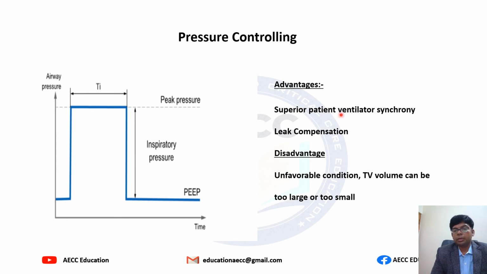It has superior patient ventilator synchrony compared to the volume control mode, as in case of the pressure control mode, the pressure will be achieved by increasing and decreasing the inspiratory flow. So if there is any leak, then the pressure will be achieved by increasing the inspiratory flow. So there are chances of leak compensation in case of the pressure control mode, but there are certain disadvantages as well.